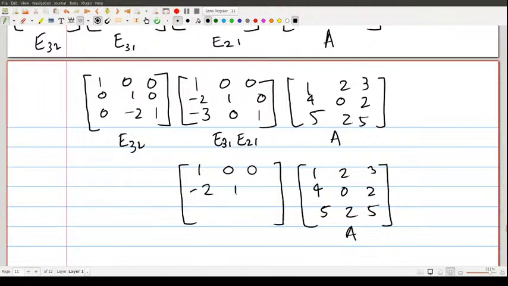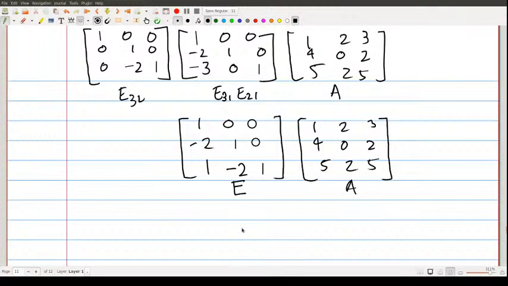Second row as it is, minus 2, 1, 0. Third row we get 0, minus 2 times this row. So this is minus 3, minus 3 plus 4, which is 1, and minus 2 plus 0 is minus 2, and then minus 2 and 1. So this is the matrix E.